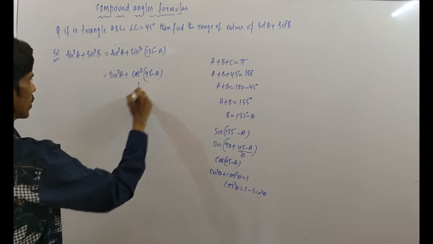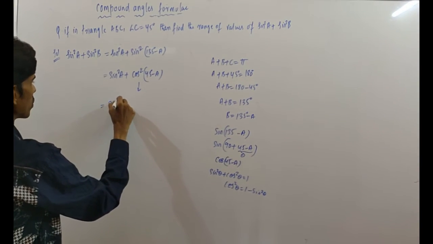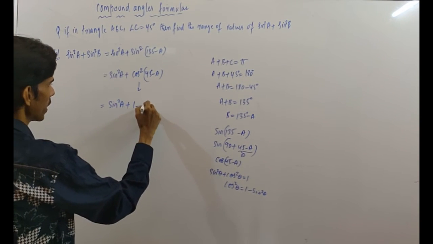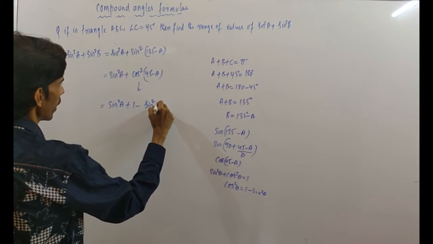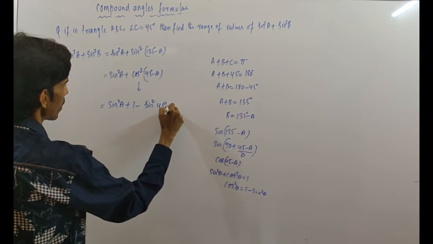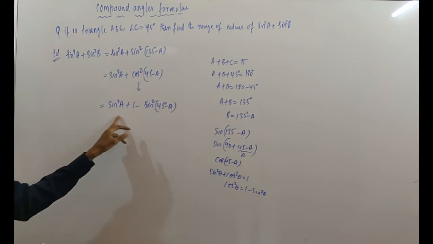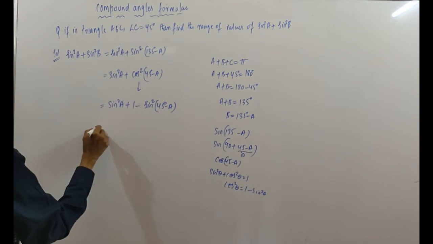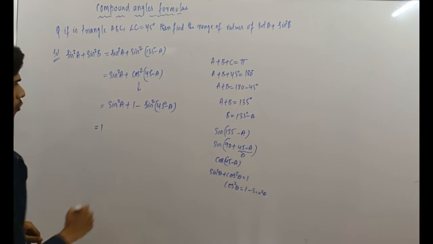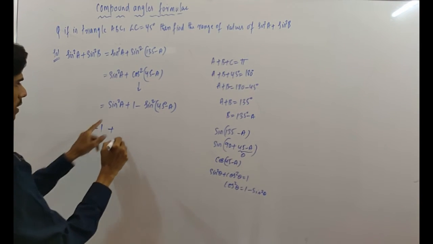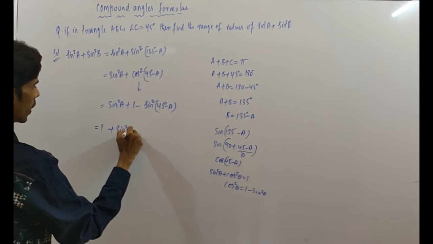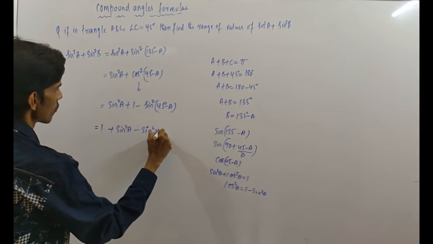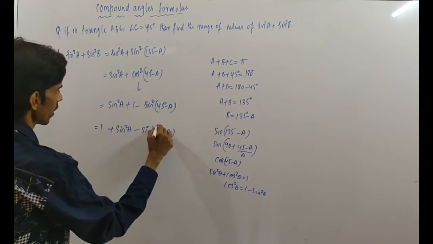So convert this into sin²A plus 1 minus sin²(45 degrees minus A). All terms should be in terms of sine, that's why we have converted this. Now take this: 1 plus sin²A minus sin²(45 minus A).